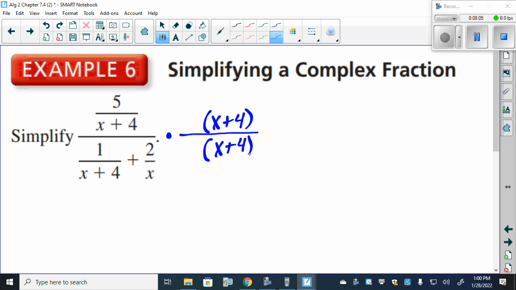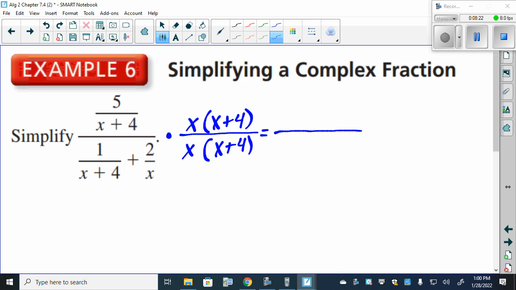But the x plus 4 multiplication won't simplify the 2 over x, so we also need to multiply top and bottom by x. In doing this, we are going to simplify out all the fractions in the numerator and denominator.